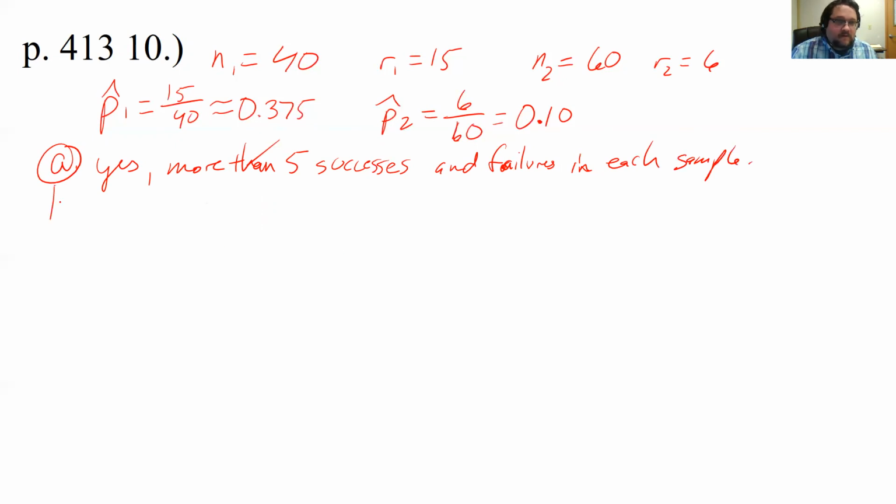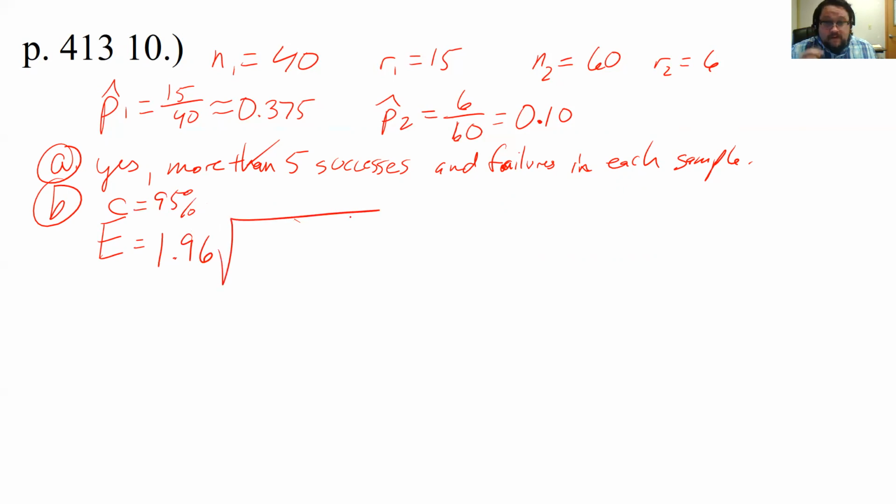Okay. B, find the 95% confidence interval. So here we go. C is 95%. Again, 95%, what's that, 1.96? Yeah. So 1.96 times the square root. Remember our formula, your probability of success, so 0.375, times your probability of failure.